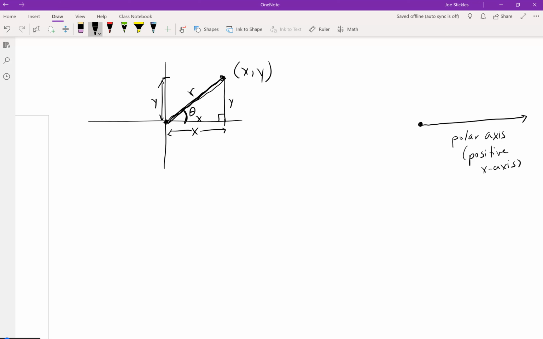If this is the positive x-axis, then this would represent the origin, but in polar coordinates, we give it a different name. We refer to this as the pole. Again, this is really what you typically think of as the origin.